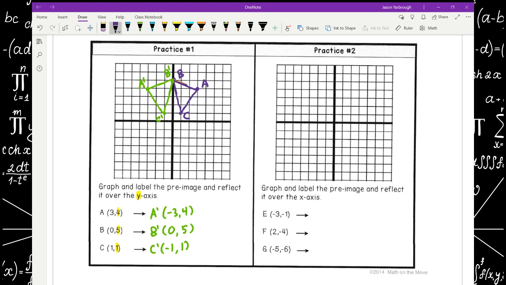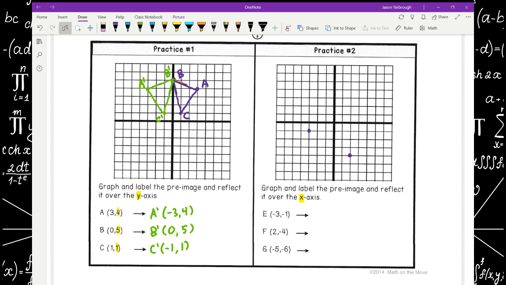Now let's look at number 2. This time we're going to reflect this over the x-axis. So let's graph the original one. -3, -1. I'm not going to letter it yet. +2, -4. And then -5, -6.